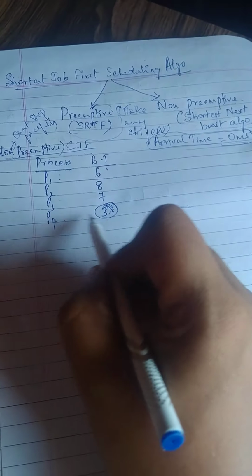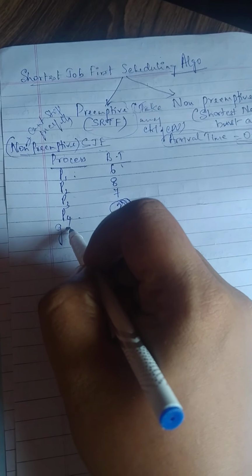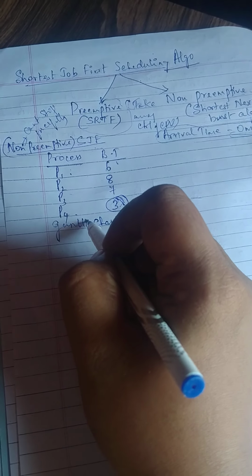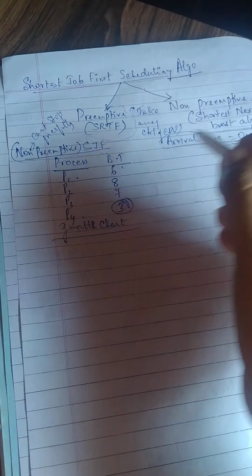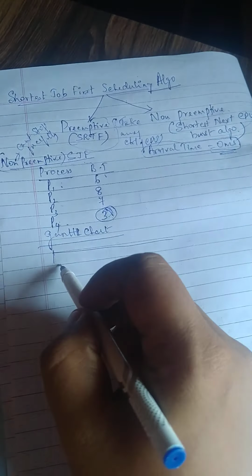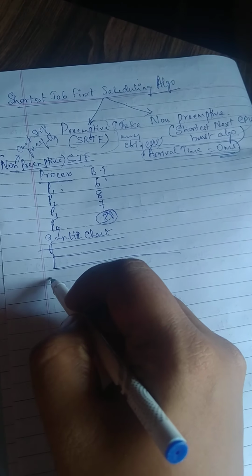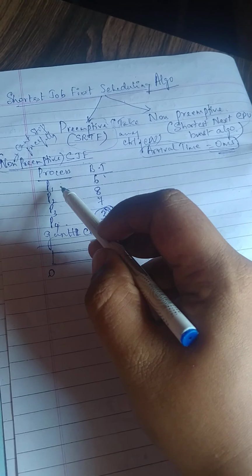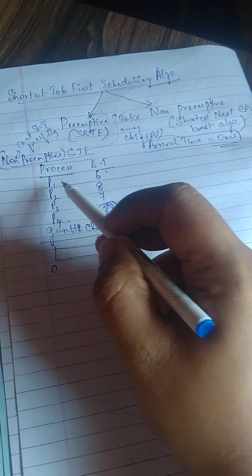According to this, we have to draw the Gantt chart. All the processes have come in at 0 millisecond. In our Gantt chart, which will be the first process? In first come first serve, whichever was first according to the order, we went.